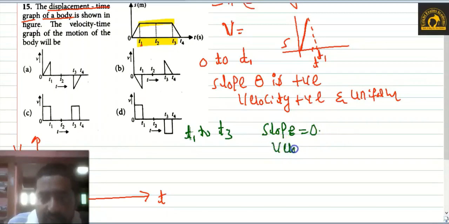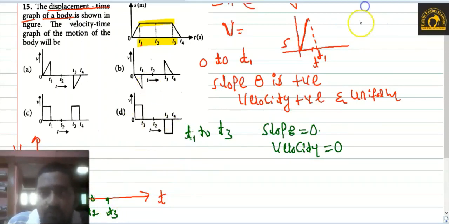Slope is 0 means velocity is 0. This is t1, this is t2, this is t3. So up to t1 it is positive velocity, and from t1 to t3 the velocity is 0.